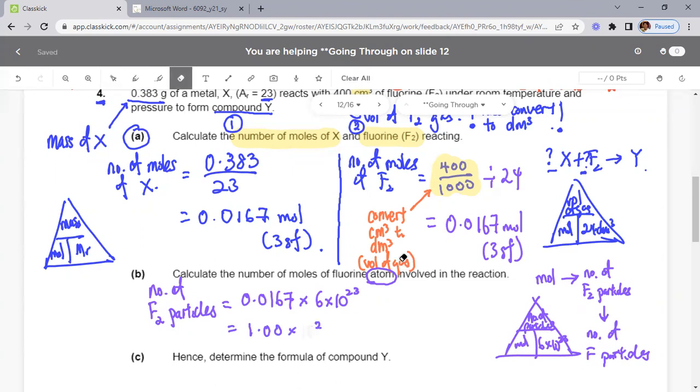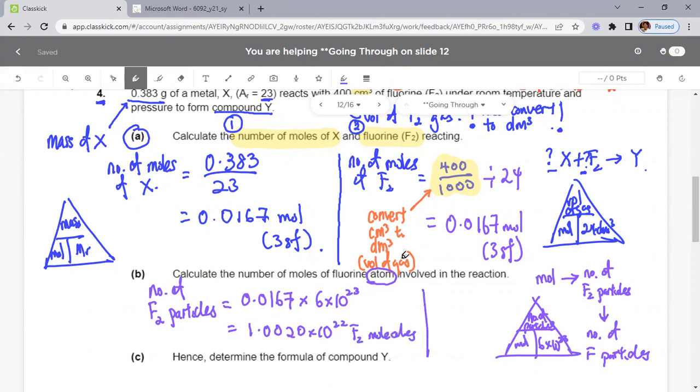Because this is working, I'm going to leave it to 5 SF. So 1.0020 times 10 to the power of 22 F2 particles. Or you can put F2 molecules, it's the same thing.